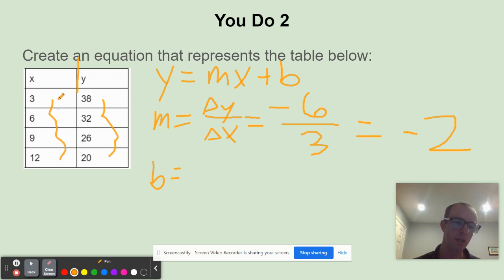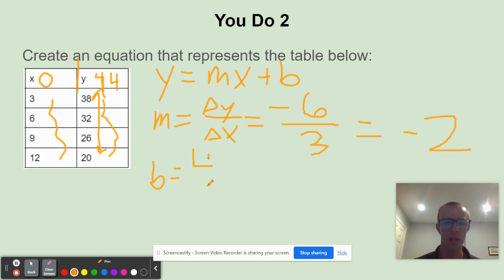To find b, I'm going to need to extend this table up. Here I'm counting up by 3, so I'll go backwards by 3. And look, x is 0. That's what I want. What is the value of y when x is 0? Well, if this is counting down by 6 in this direction, we have to count up by 6. So if I'm at 38 and I go up 6, now I'm at 44.